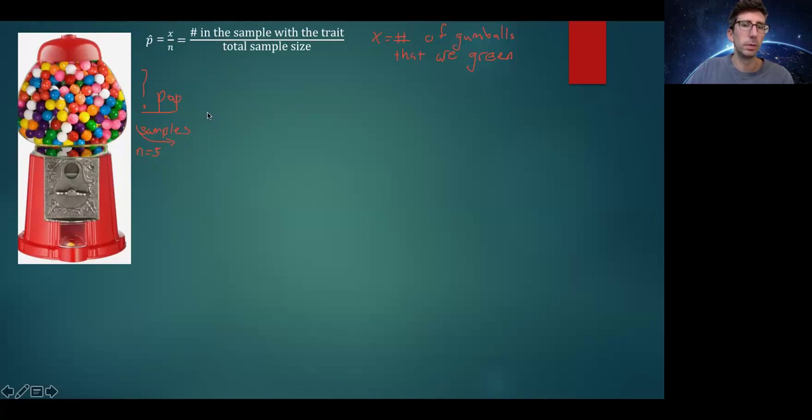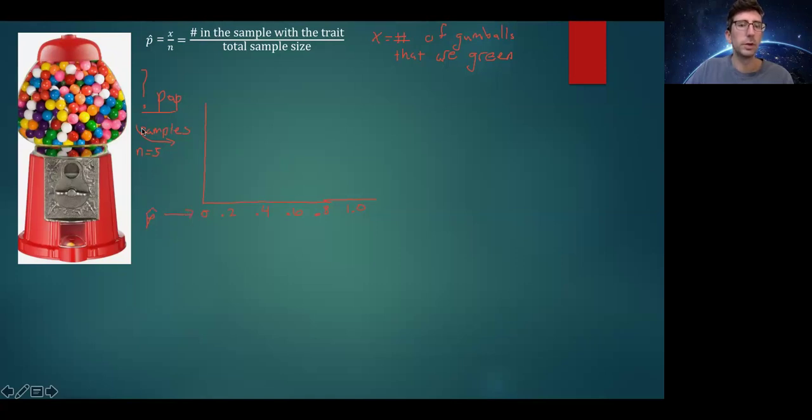We'll take samples, so maybe we have 0, we'll just go with 0.2, 0.4, 0.6, 0.8, and 1.0, right? So this is our proportion, our sample p hats, along the x-axis.